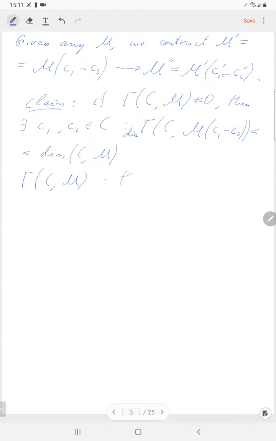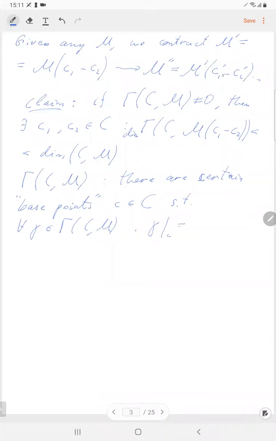So there are certain base points C in our curve, such that any global section vanishes at this point.